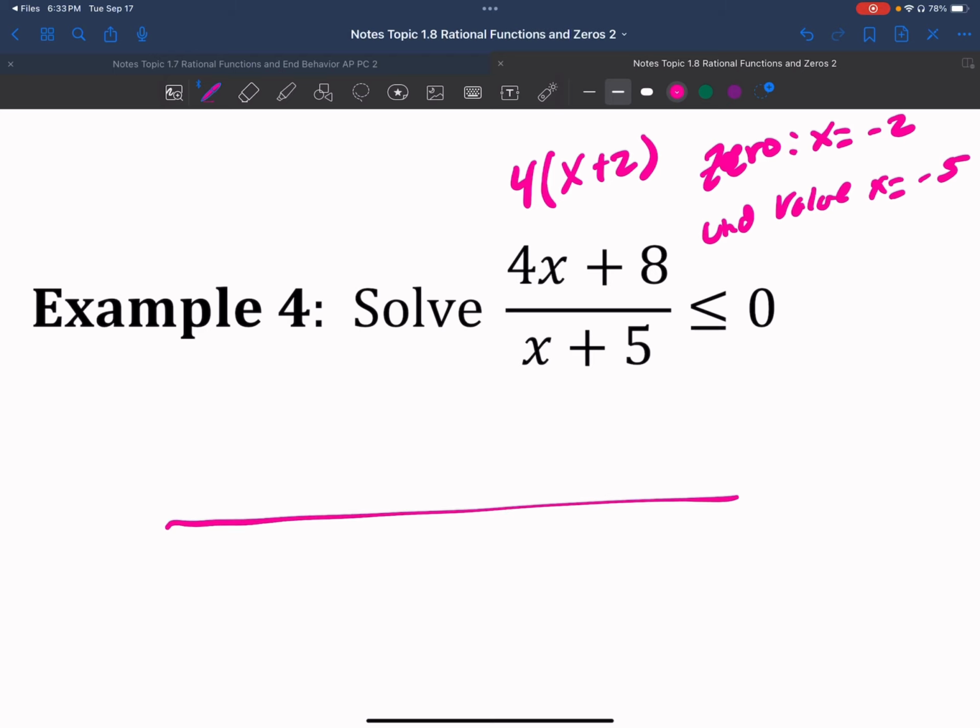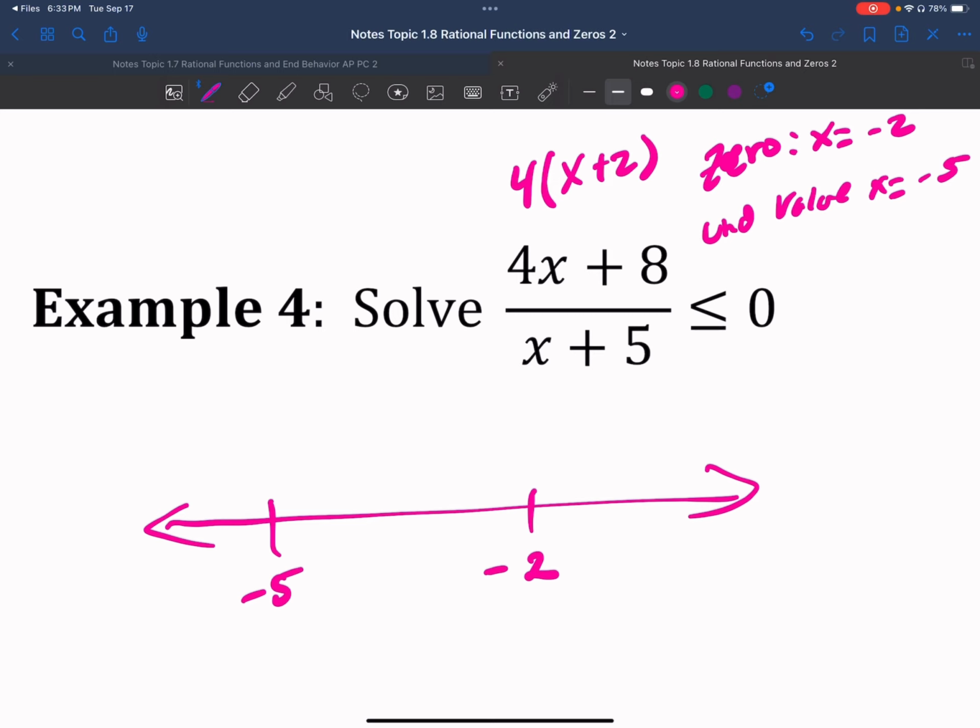So when I draw my sign chart, I should have two numbers. The first one is going to be -5, and then the next one is going to be -2, coming from our zeros and undefined values.